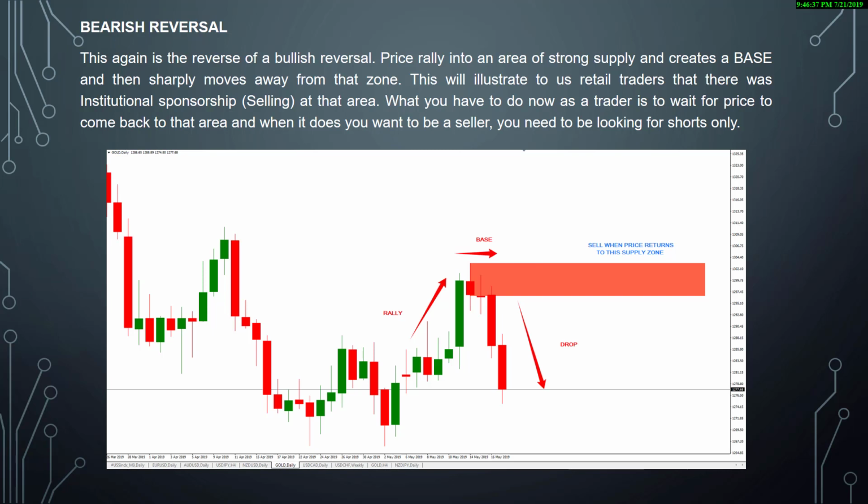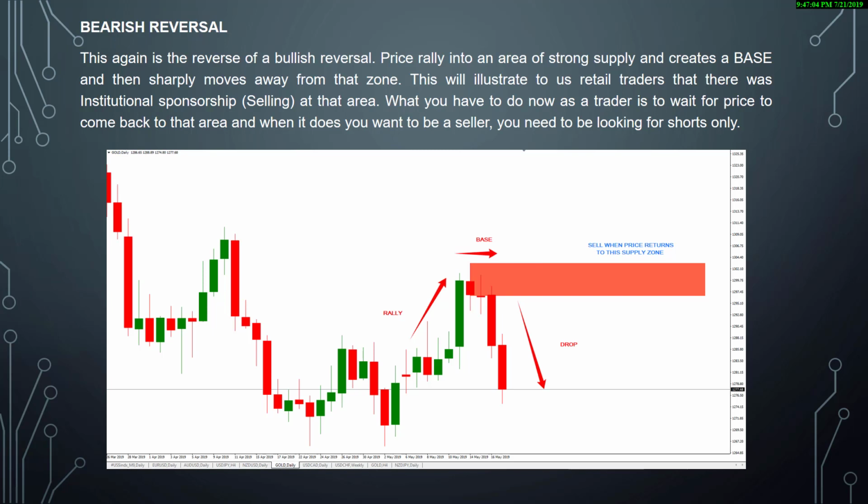Now we are looking at a bearish reversal. This again is the reverse of a bullish reversal. Price rallies into an area of strong supply and creates a base and then sharply moves away from that zone. This will illustrate to us retail traders that there was institutional sponsorship, in this case selling at that area.